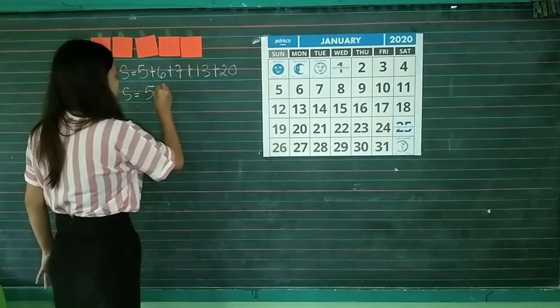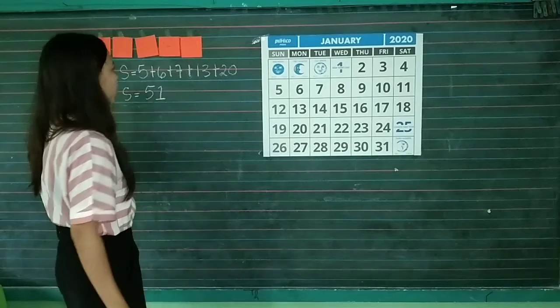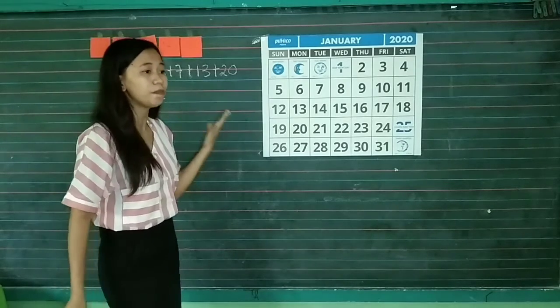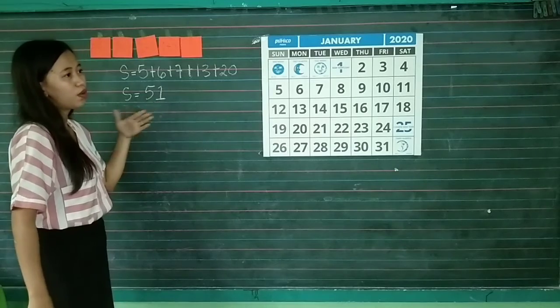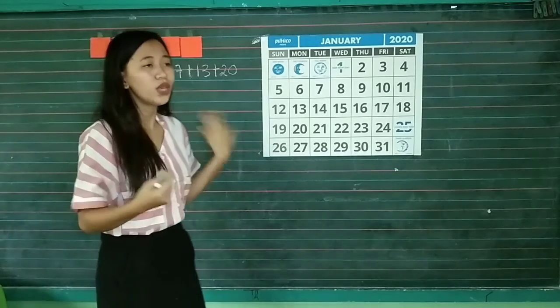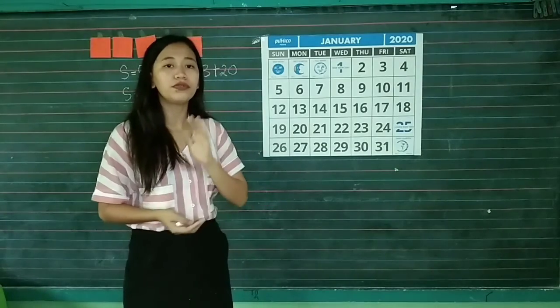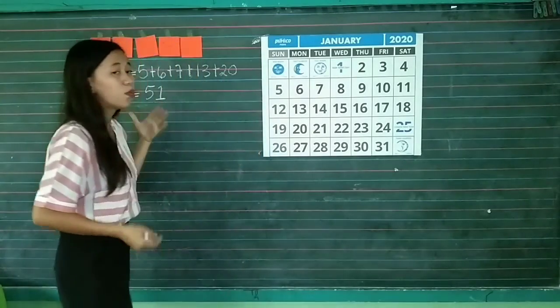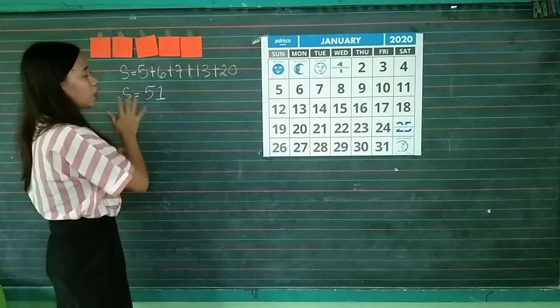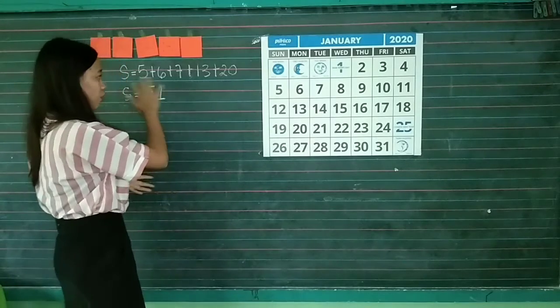So our sum for the shape T is 51. So how can we get the general formula in finding this sum without any calculation?